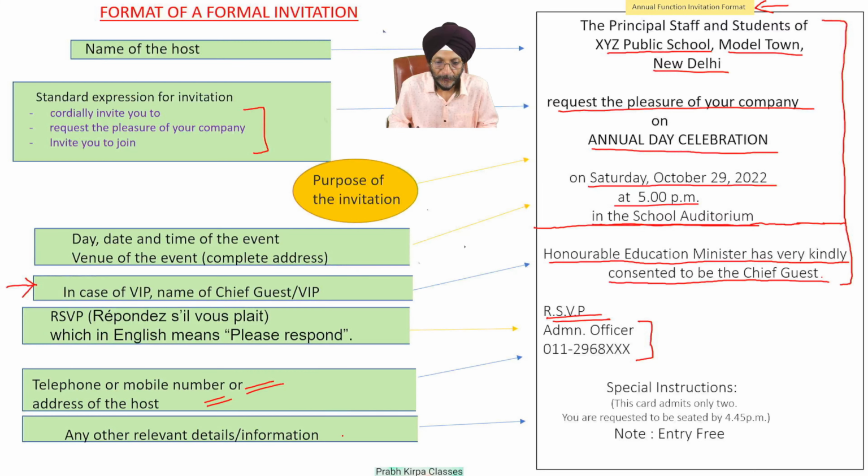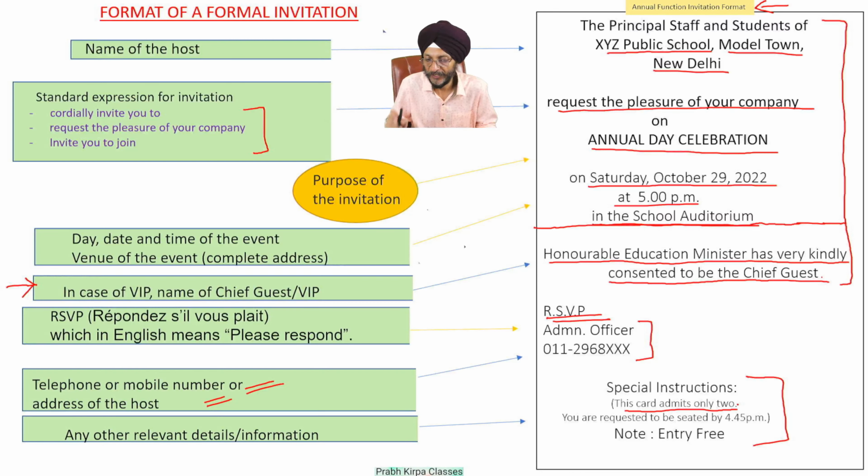In the case of a wedding card or birthday card, there is normally no information required at the end. Normally nothing is mentioned. But in the case of annual function or sports functions, normally some additional information is there. Here you can see special instructions have been mentioned, which read as: this card admits only two.